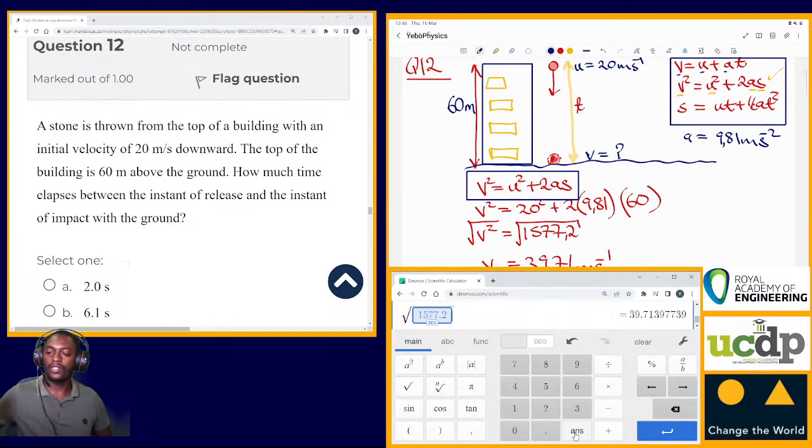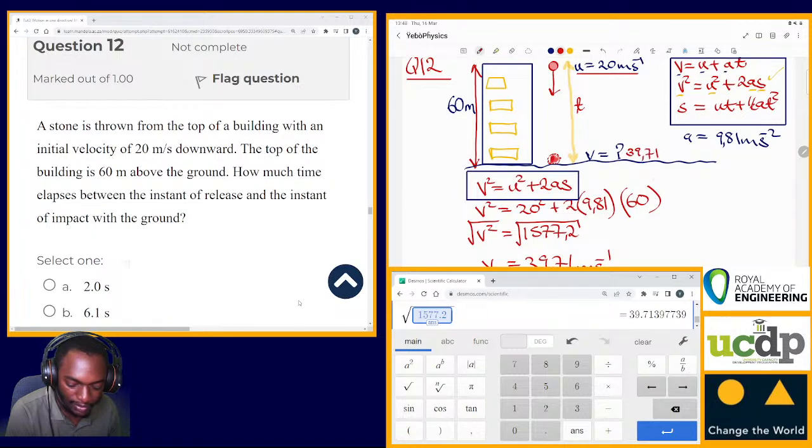So this stone is thrown vertically downwards. Due to gravitational pull, it is going to accelerate. The initial speed was 20 meters per second, and the final that we're getting is 39.71 meters per second.